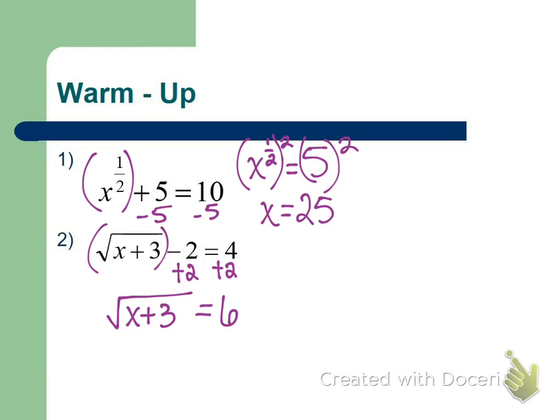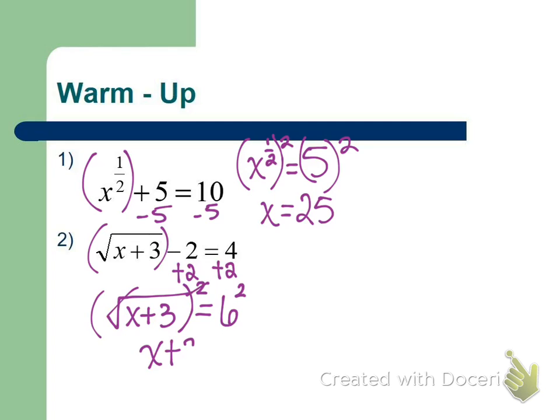Then what? Why did we decide to square both sides? The index. Very good. If we have a square root, our index is 2. So that's the power that we use on both sides. What happens when you square a square root? Okay, those are inverse functions, so they cancel each other out.